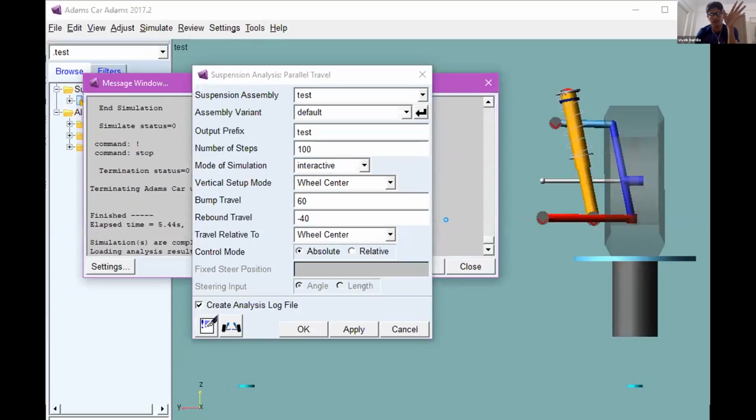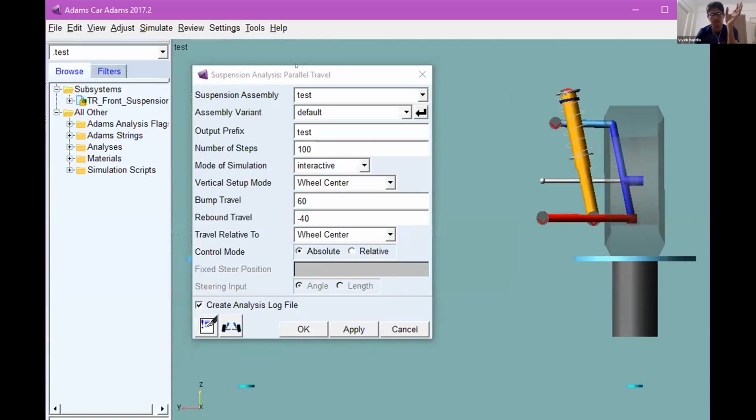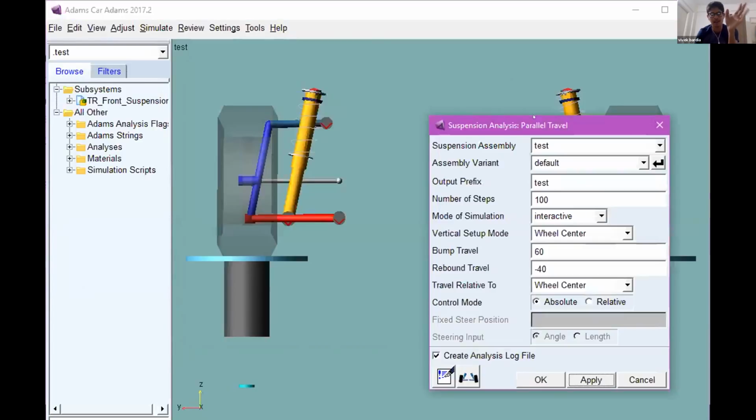So what we have over here is all the links parallel to each other, and we should ideally have zero bump steer.